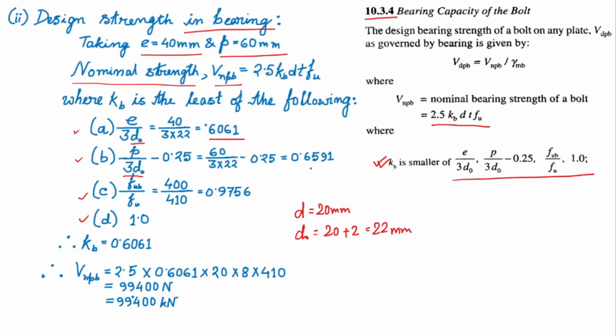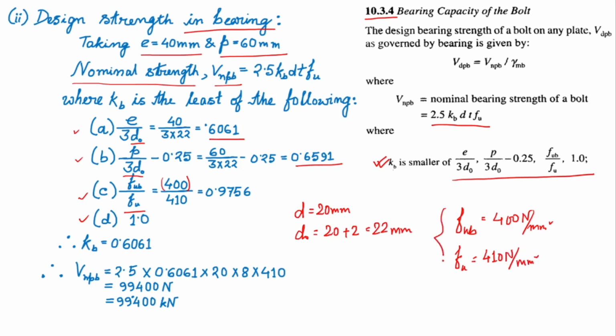Similarly, p by 3 d naught minus 0.25. If I put the values, it comes out as 0.6591. Then fub by fu. fub is the ultimate strength of bolt, which is 400 Newton per mm square, and fu is the ultimate strength of plate, which is 410 Newton per mm square.